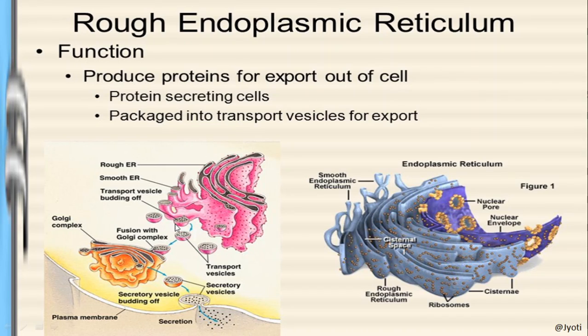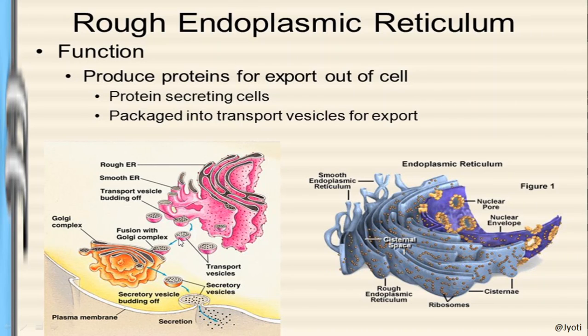I have told you that one of the components of endoplasmic reticulum is the vesicle. So here you can see that from the endoplasmic reticulum, the cisternae, after the synthesis of the protein, the vesicles are released, and these vesicles are packaged with proteins and transported to the Golgi complex. Here you can see the Golgi complex, another cell organelle.